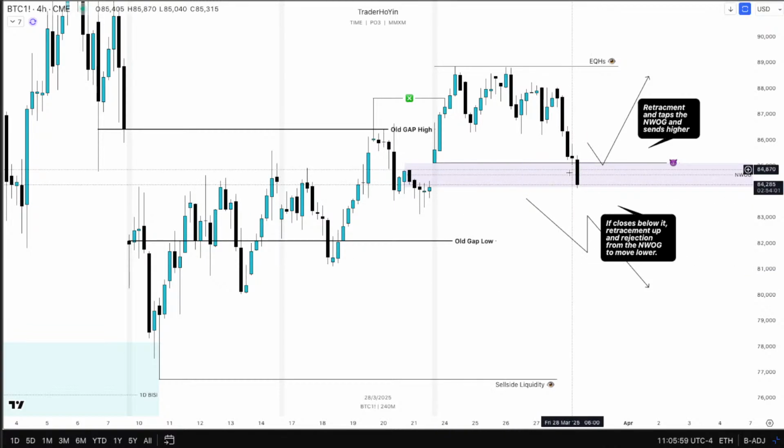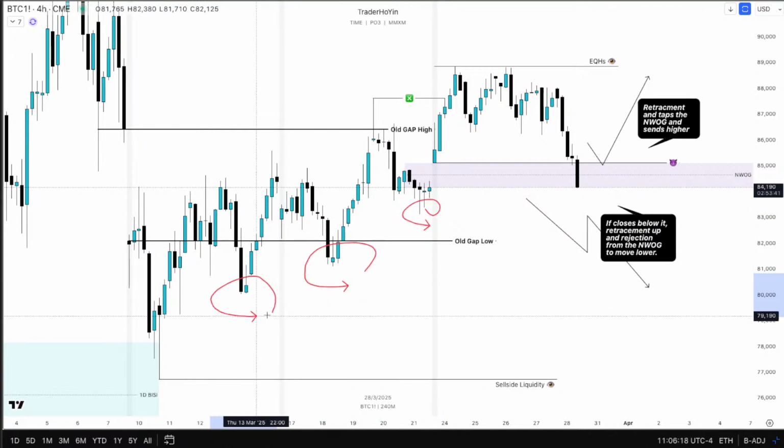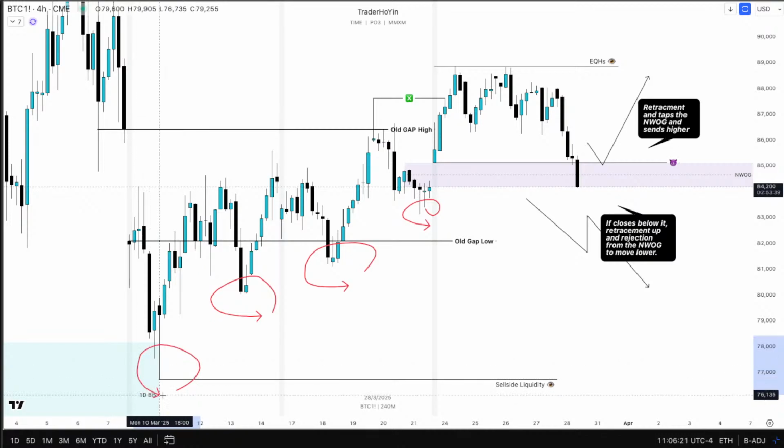So now the job is done. We need to wait for price either comes back up, find support from this gap and go higher, or through this gap and start working to the sell side around here. Who were longs, hoping it will go to the moon.